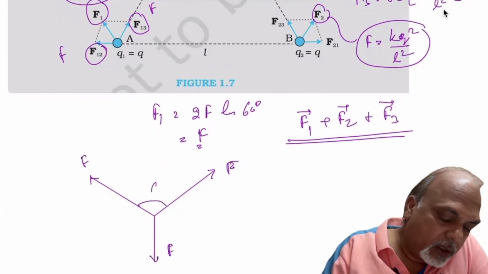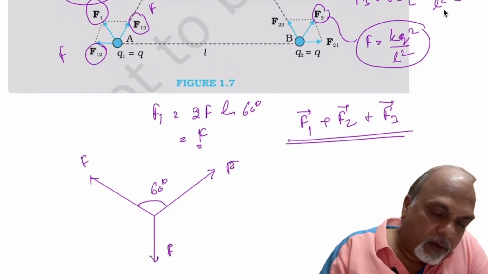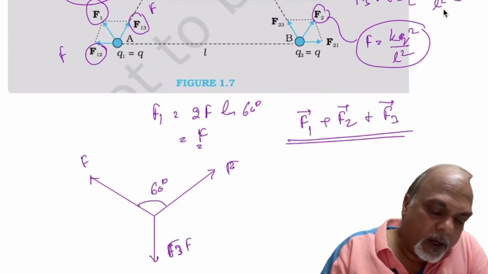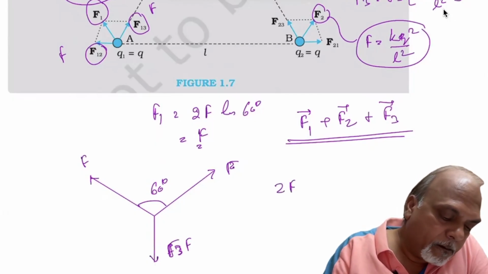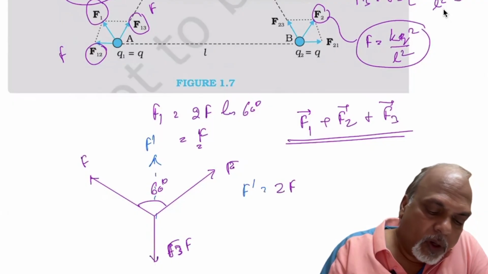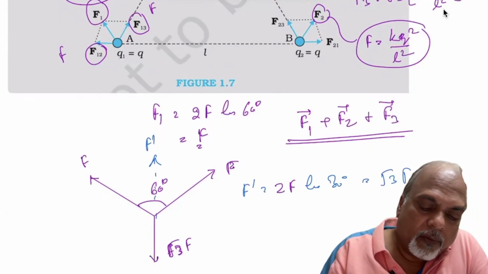This angle is 60 degree, and this is basically root 3F, correct? So 2F, what is the resultant of this? This resultant, suppose F dash, is nothing but 2F cos 30 degree, and nothing but this is root 3F.